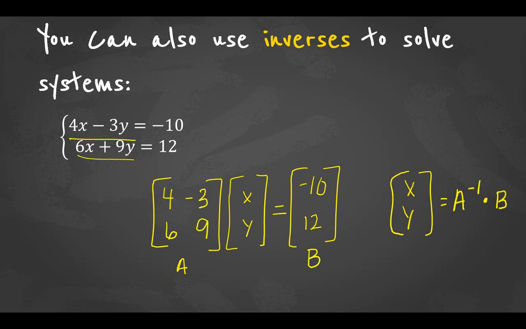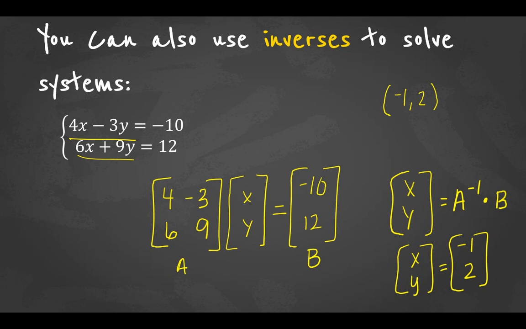Yep. And then we take the inverse of A times B. And we get negative 1, 2. Which means that x is negative 1, y is 2. That's our point.